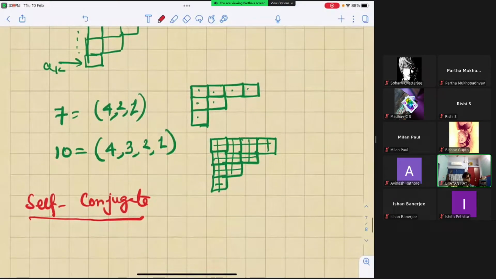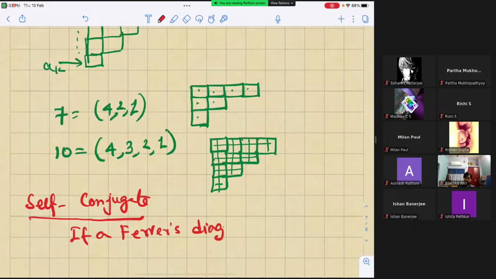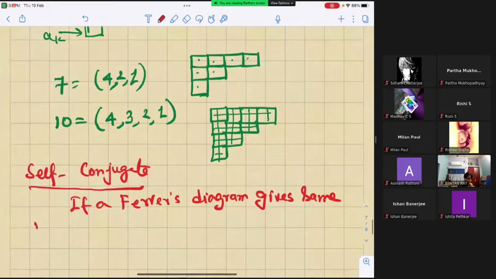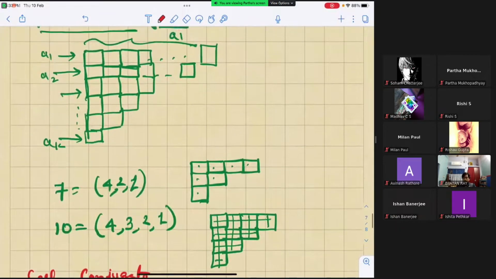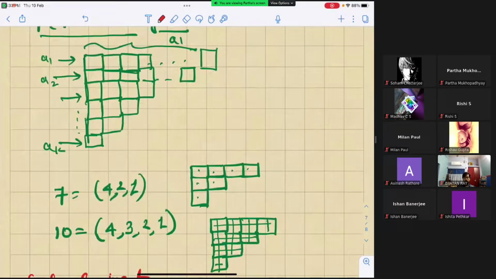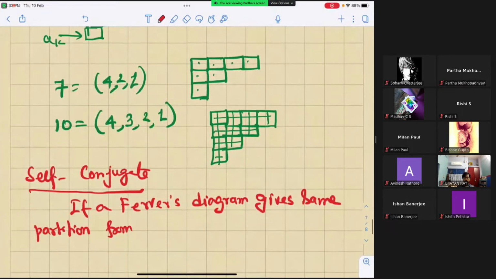So right. Notice one trivial fact, that the total number of boxes in the Ferrers diagram is your number n. That's trivial to observe.